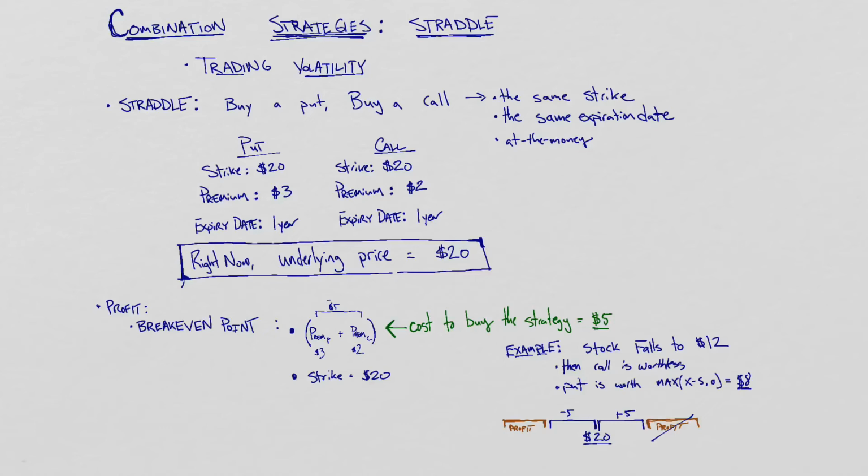And if we subtract out the net cost of this entire strategy, the two premiums that we paid together, or the $5, then the total profit for this strategy, if the stock price falls to a sufficient level, is the $8 minus the cost, the 5, or $3 profit.